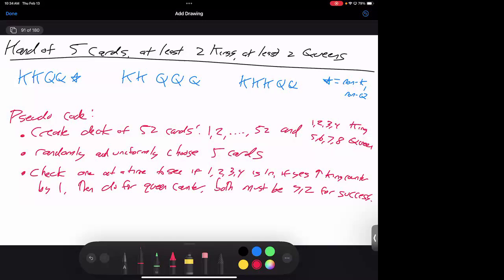So does everyone agree that this would work? If I changed it and all of a sudden I wanted to consider at least 2 kings, 1 queen, and 1 jack, could you modify the code without too much trouble? That's the advantage of creating a deck like this: it would help us solve a bunch of similar problems.